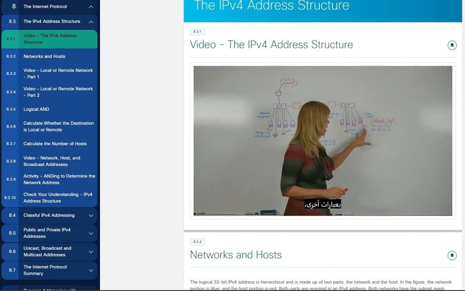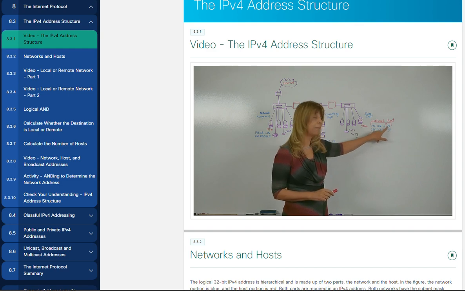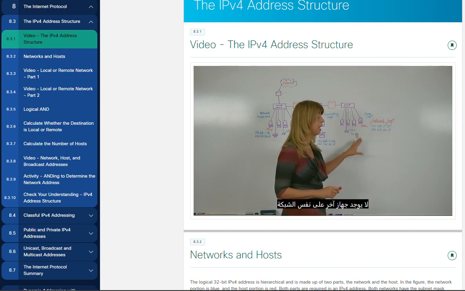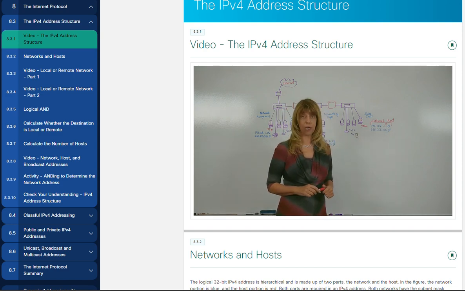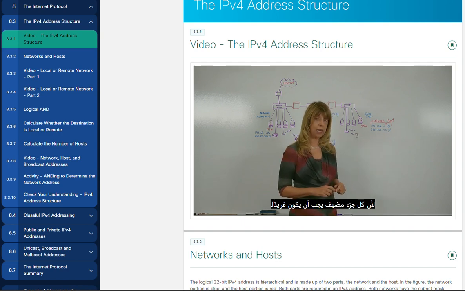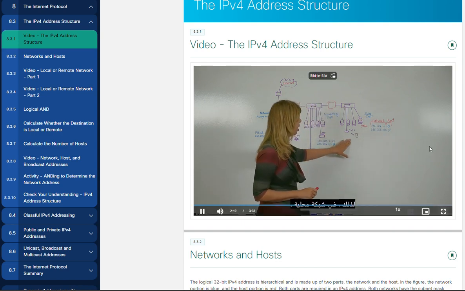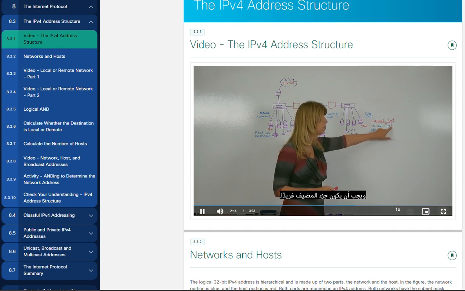In other words, your computer here has the address of 192.168.3.10. No other device on that same network can have that same IP address, because every host part has to be unique.